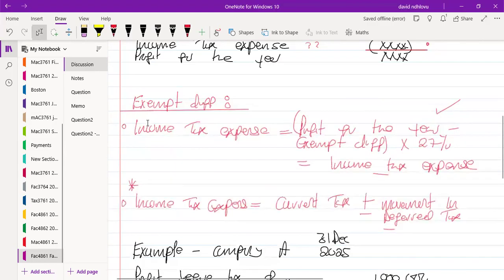Remember, we did indicate that besides the exempt differences, right, we have another set of differences that we call the temporary differences. Now, while exempt differences are items of income and expenditure included in the P&L which don't have an impact in terms of taxation, the temporary differences do have an impact in terms of taxation, which means we should include them in the calculation of taxable income.